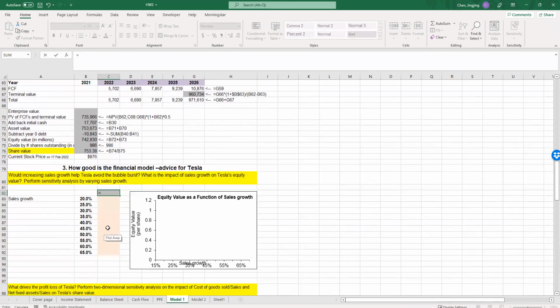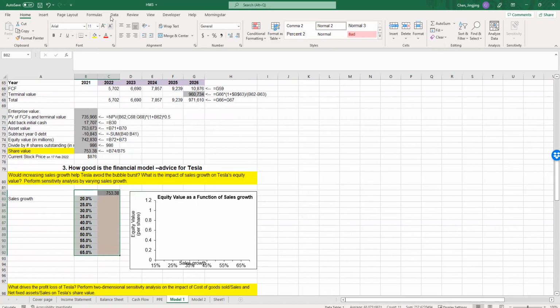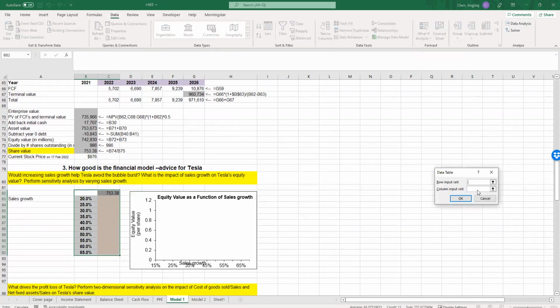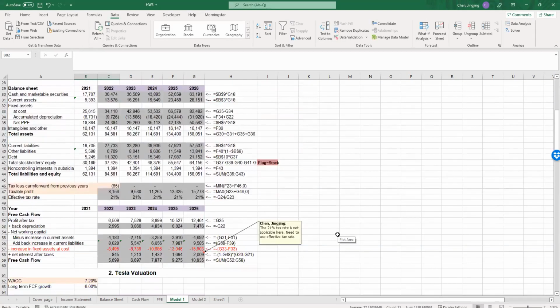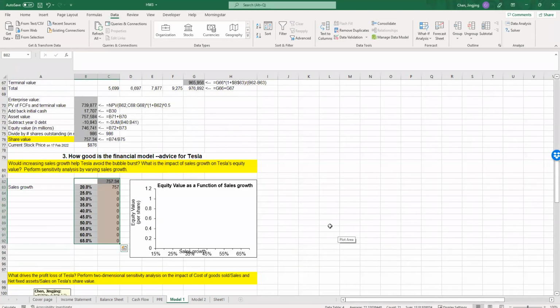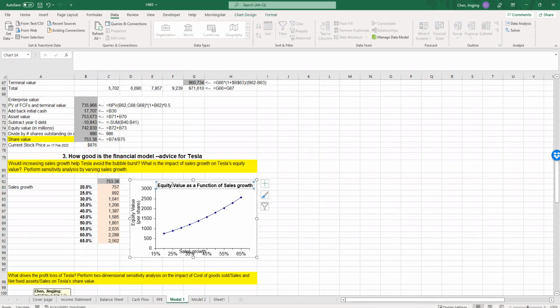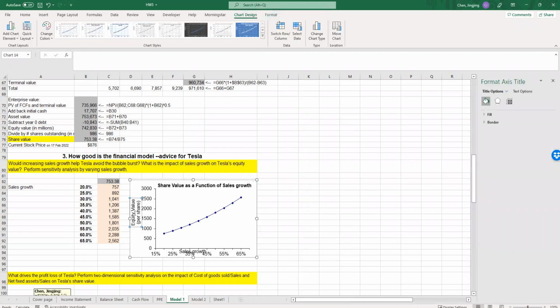So next, perform sensitivity analysis. So this should be share value, share value.